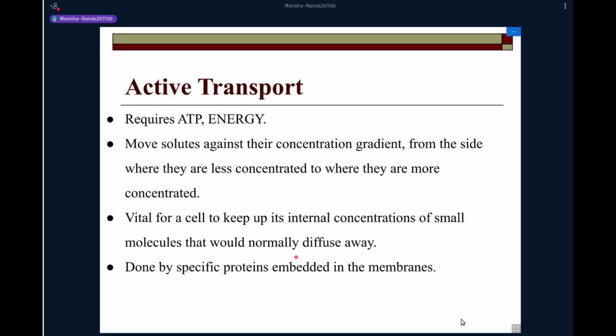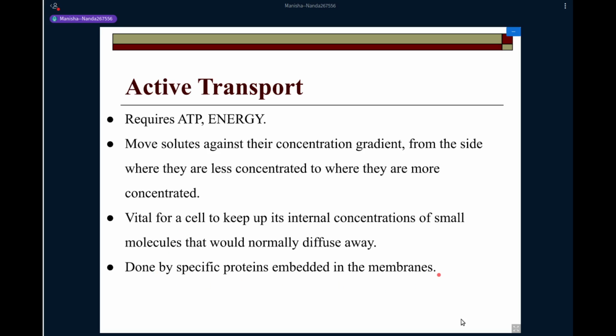In that case, active transport helps to retain that intracellular concentration by transporting some of those molecules against their concentration gradient, and thus helps the cell maintain the internal concentration of its vital constituents to an optimized level.